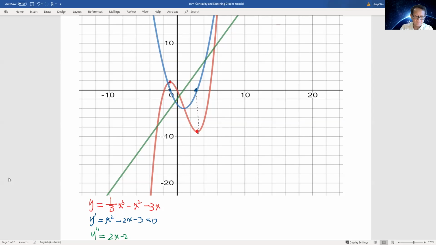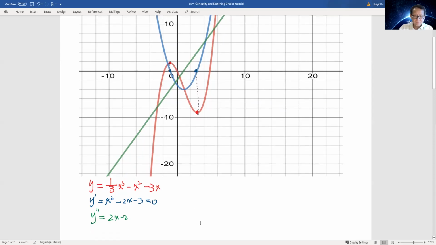So when the first derivative equals 0, the graph achieves maximum or minimum points. Let me put this into a table so we can discuss.